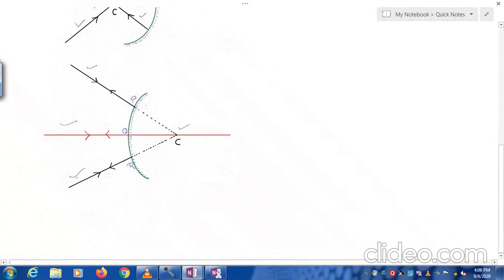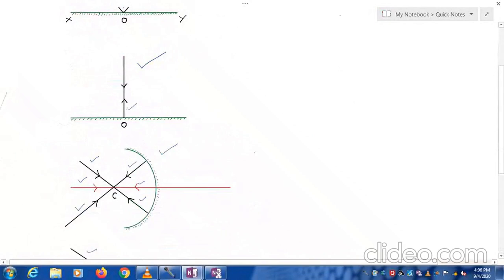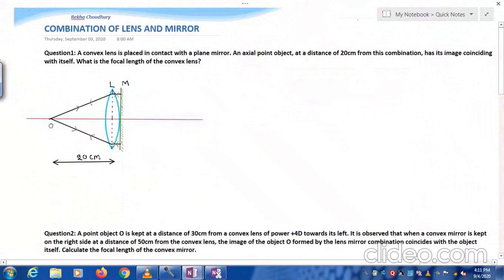So as this is the case of normal incidence, all the reflected rays go back over the same path of the incident ray, or they will retrace their path after reflection through the mirror. So these are the cases of normal incidence for a plane mirror, concave mirror and convex mirror.